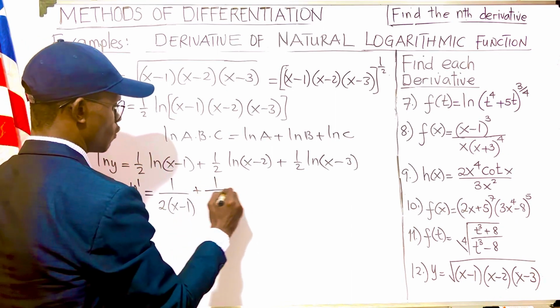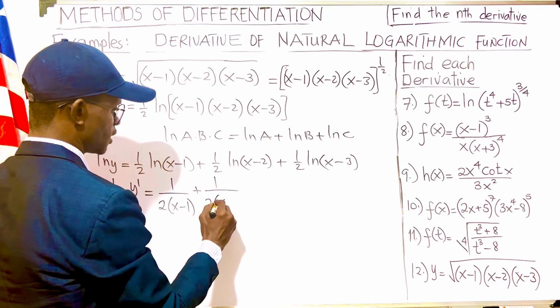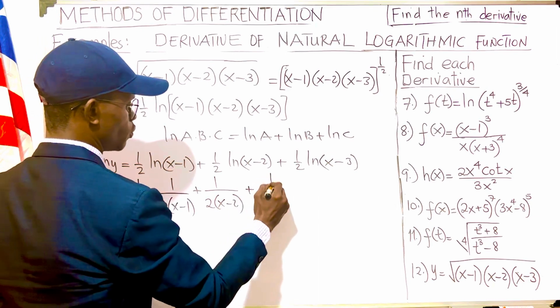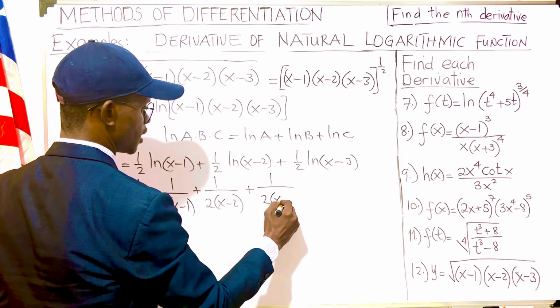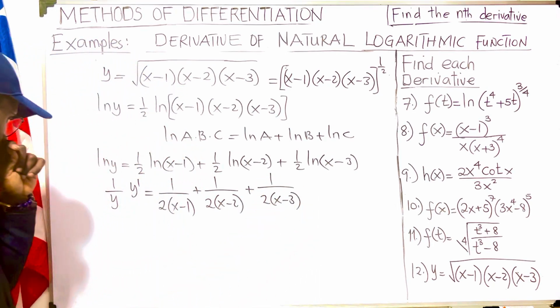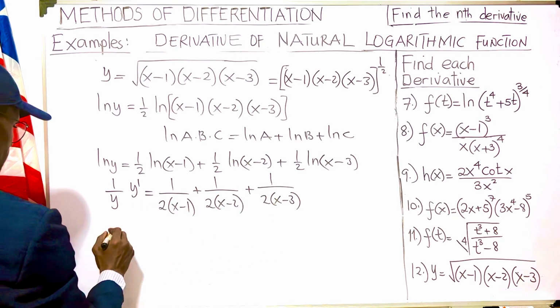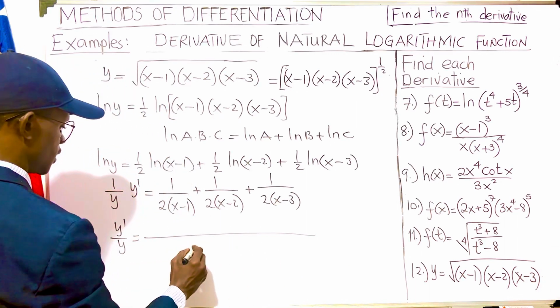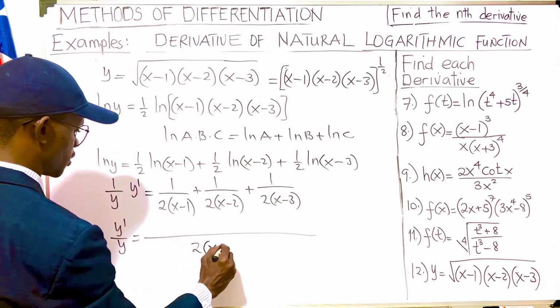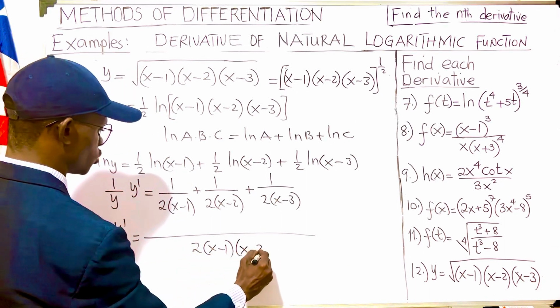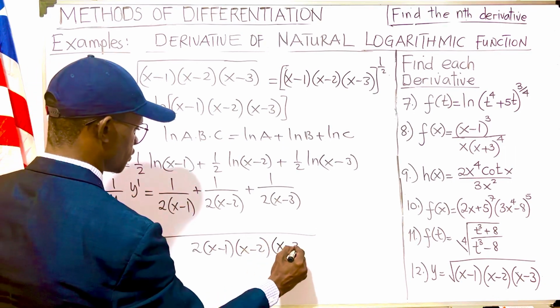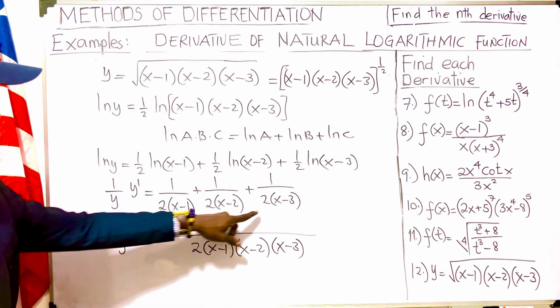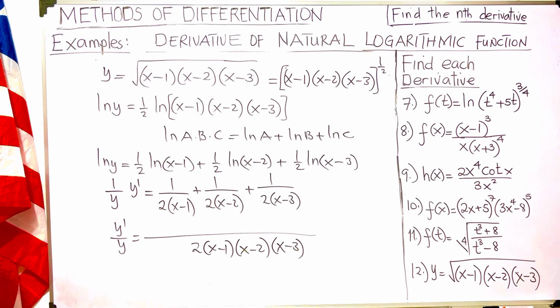Plus 1 over 2 times x minus 2, plus 1 over 2 times x minus 3. So we find the LCD right here. The LCD is 2 times x minus 1, x minus 2, and x minus 3.